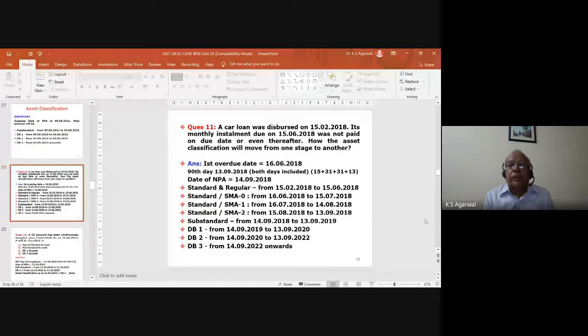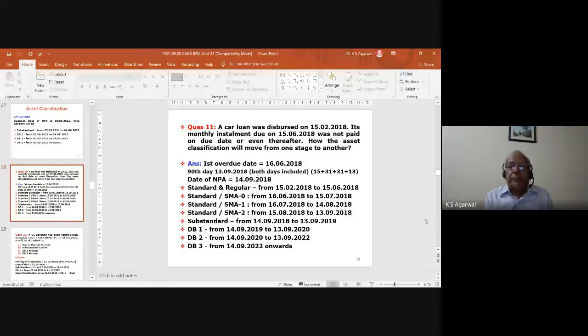The installment was due on 15 June and it was not paid. So from 16 June to 15th July of 2018, it will be standard, but in SMA 0 category. 1 to 30 days is SMA 0, 31 to 60 days is SMA 1, and 61 to 90 days is SMA 2. So we can see that from 16 July 2018 to 14th August, it will be SMA 1. 15th August to 13th September, it will be SMA 2.